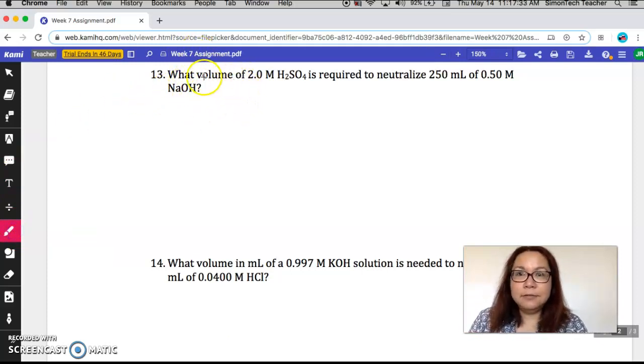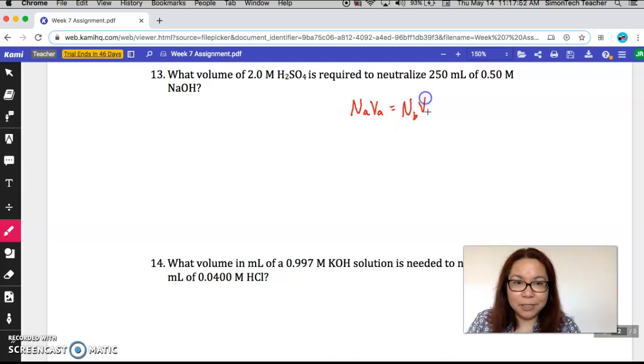All right, so for this one, we are going to be using the equation: the normality of the acid times the volume of the acid is equal to the normality of the base times the volume of the base. So let's take a look.